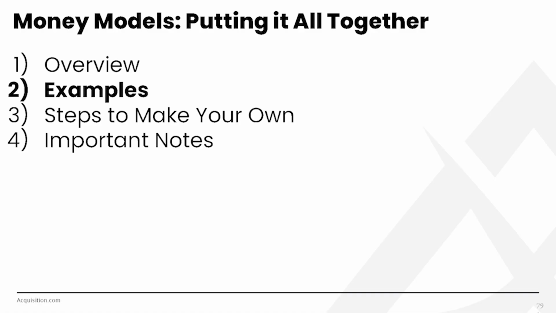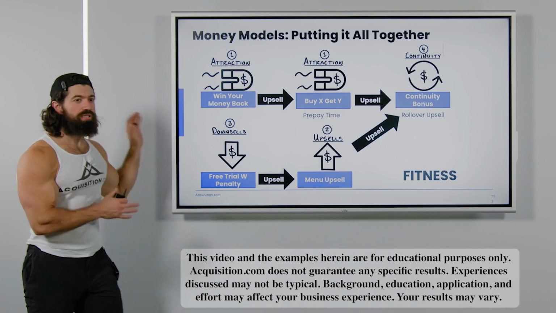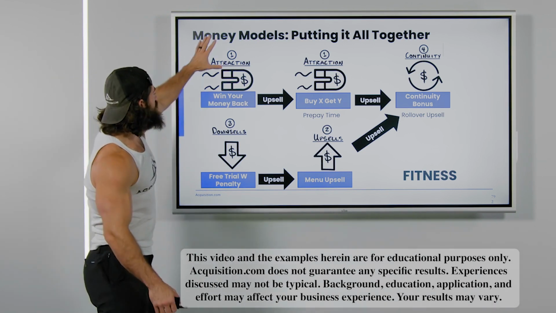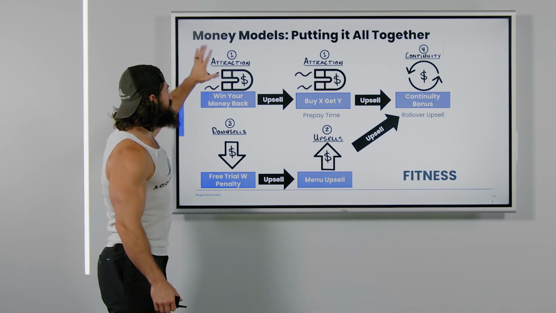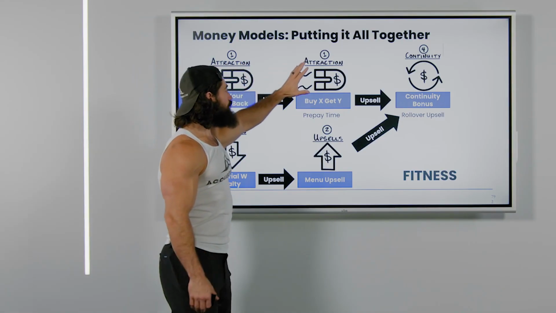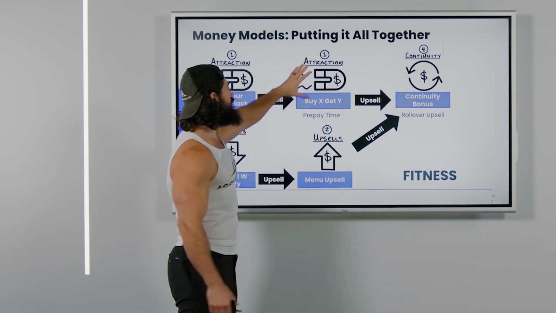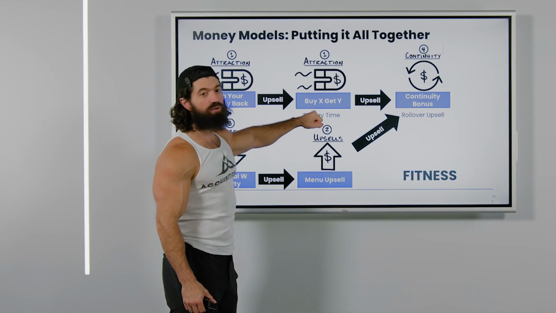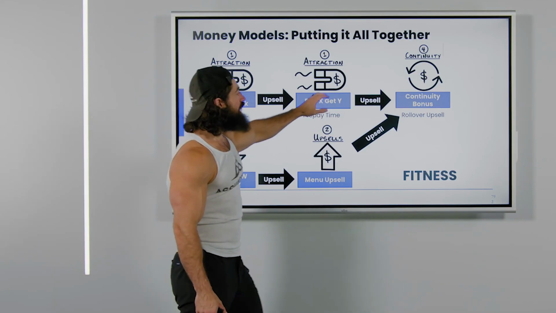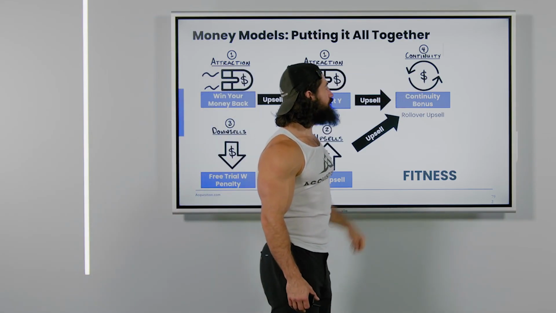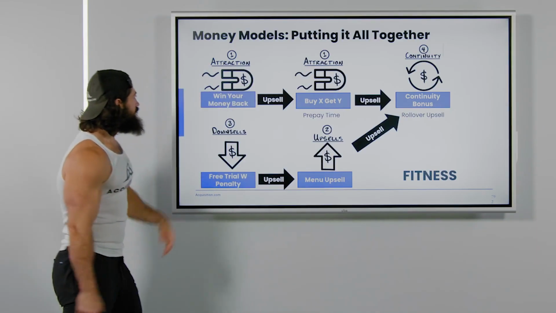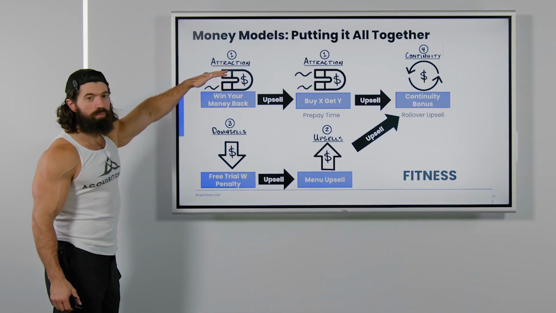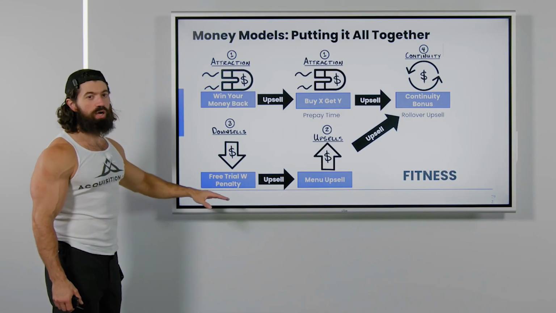All right, examples. So this is my fitness offer. I try to conceptualize this for you. On the front end, I ran a win your money back offer. Then we would upsell from a service perspective. For anybody who bought that, we'd upsell buy X, get Y free. So this would be them prepaying time. And then we would upsell the continuity bonus. So that would be the rollover upsell. Now, if someone didn't want to do win your money back, then we would downsell the free trial with penalty.